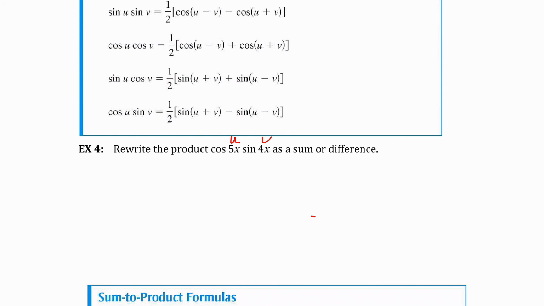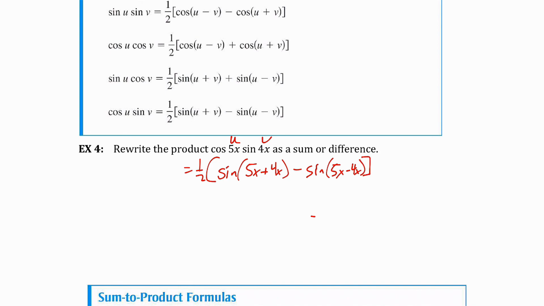So if we're following along with this pattern here, we're going to plug in the u's and the v's in the correct spots too. So this is going to be equal to 1/2 times, I'll put that in a square bracket, sine of 5x, which is our u value, plus 4x, our v value, minus the sine of our u value, which is 5x, minus our v value, 4x.